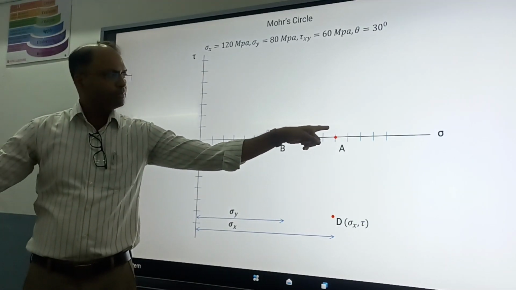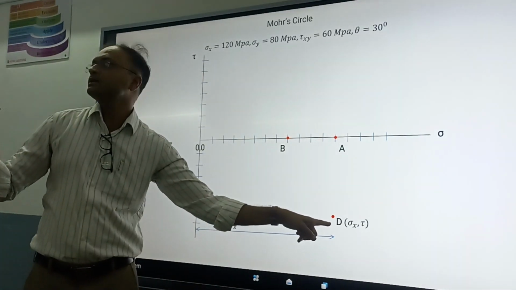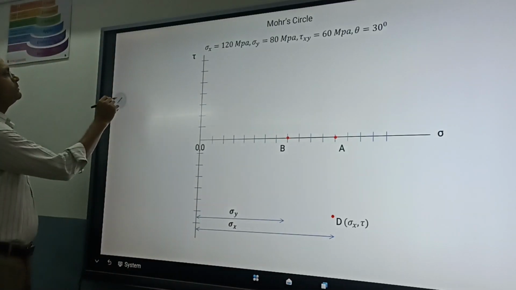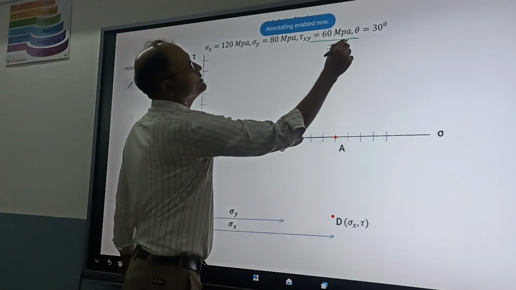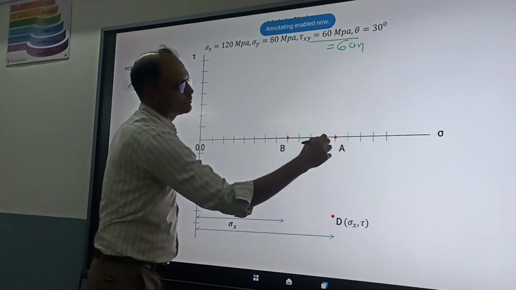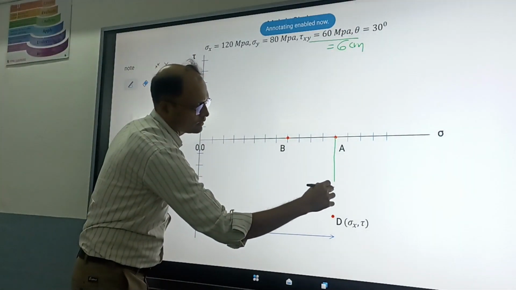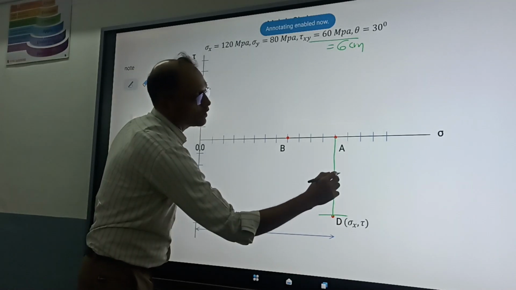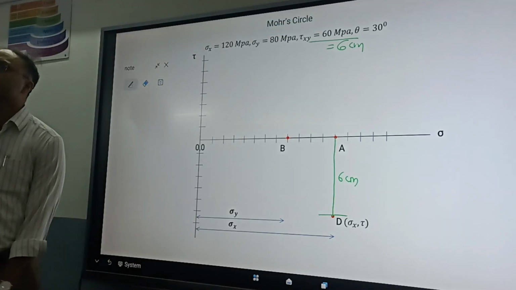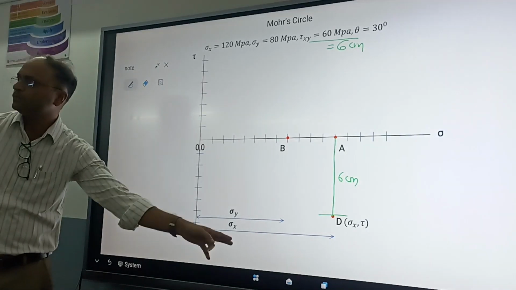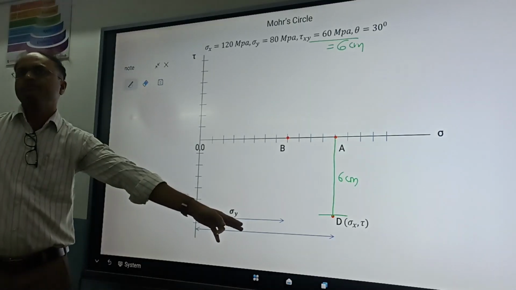From point A below, we have to take a distance equal to 6 centimeter because tau xy is 60 MPa, that is equal to 6 centimeter. Have you understood? Because now we are plotting shear stress.